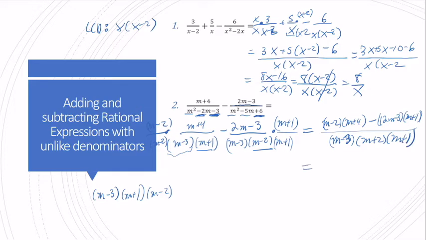I need to go ahead and simplify that numerator. So (m - 2) times (m + 4) gives me m² + 2m - 8, minus, and I'm putting all this in parentheses, I've got 2m² + 2m - 3m - 3, over our denominator.